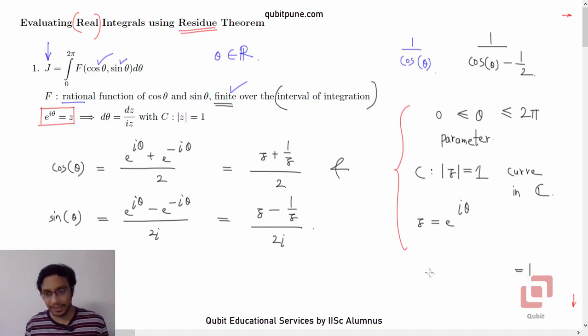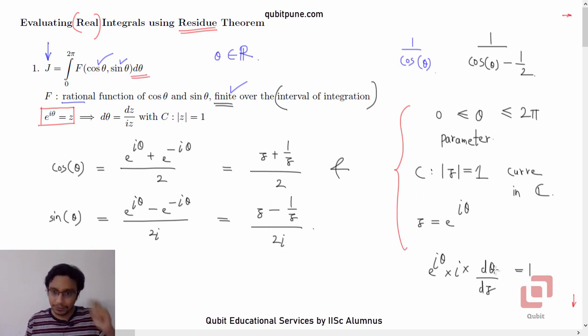The derivative of the left hand side would be e to the power i theta into i into d theta by dz. We want d theta in terms of dz. So if you shift dz to the other side, it will be dz upon e to the power i theta into i, but e to the power i theta is z itself. So the differential d theta is going to be dz upon i times z, with C being the unit circle, mod z equal to 1.